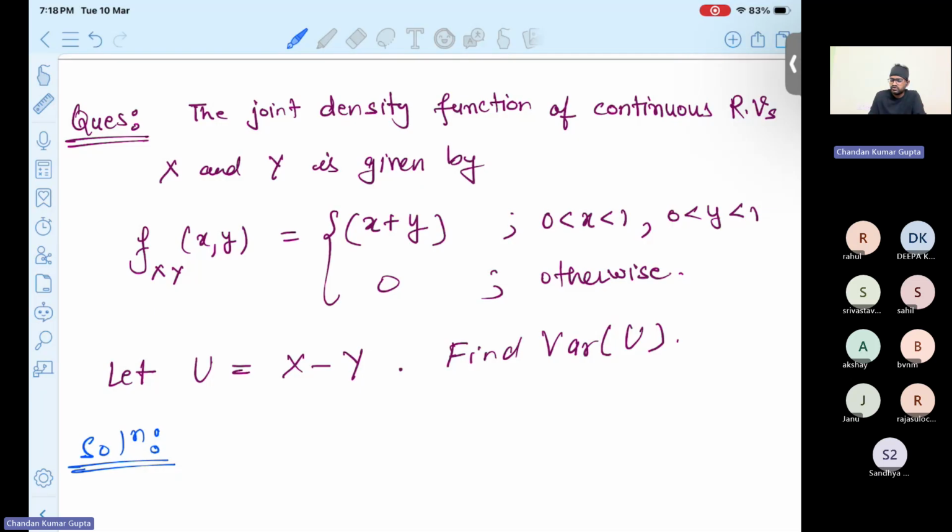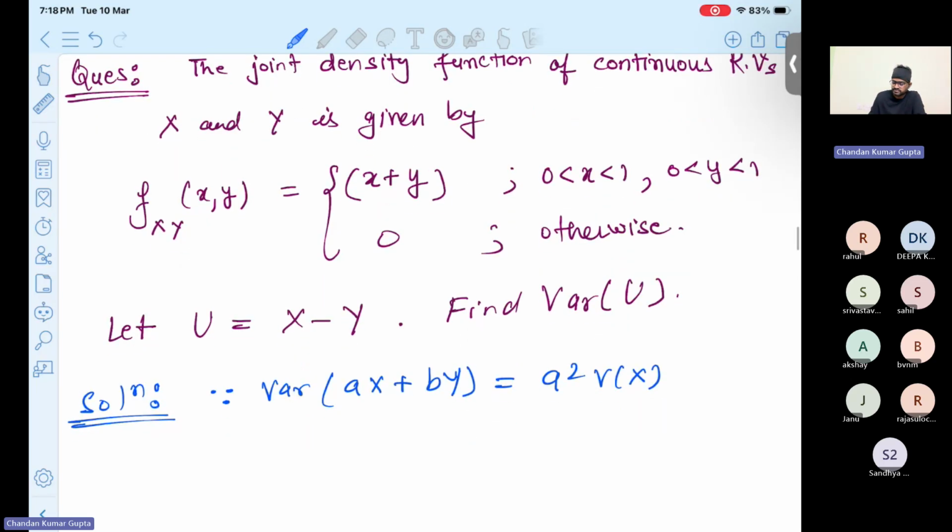The first thing is the variance of U, that means the variance of X minus Y. We have one formula: the variance of aX plus bY is a square variance of X plus b square variance of Y plus twice ab covariance of XY. I haven't said anything about whether X and Y are independent, so the covariance term is there.